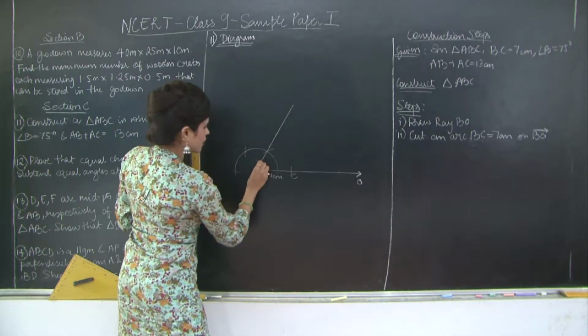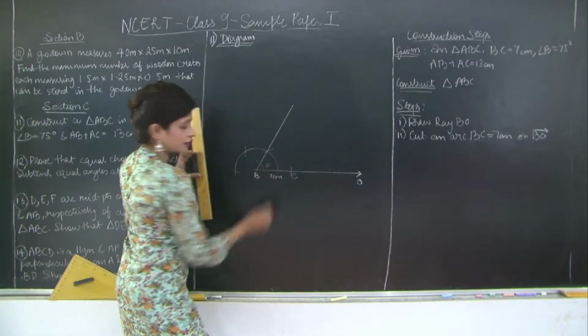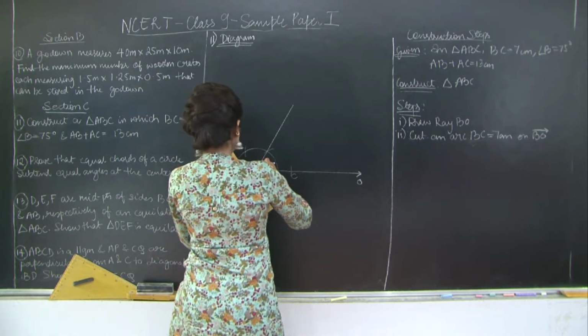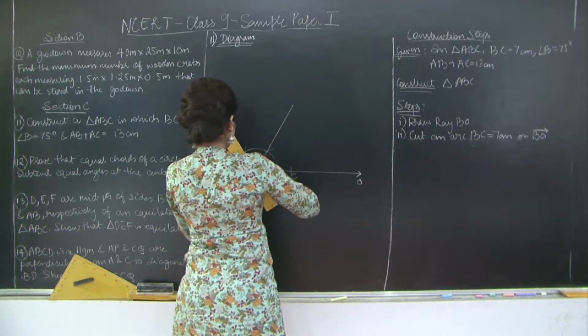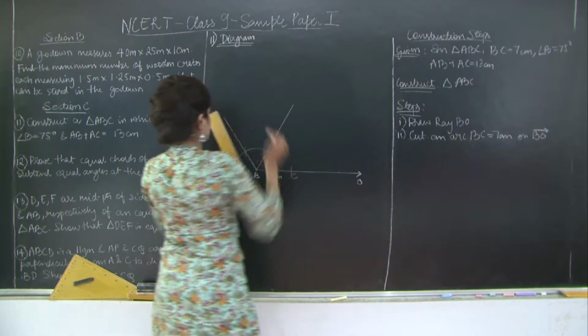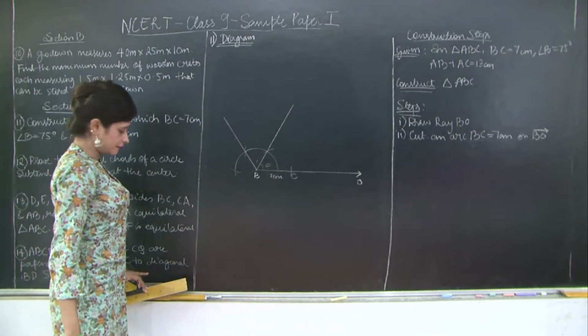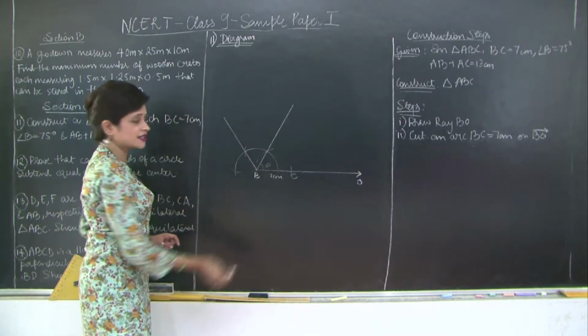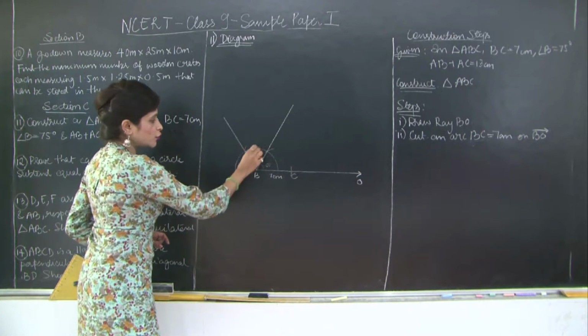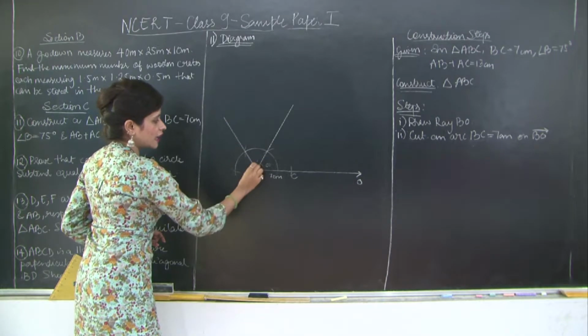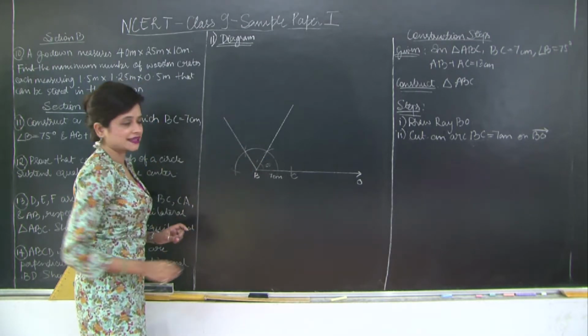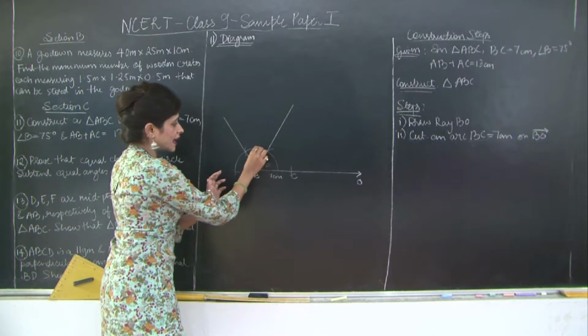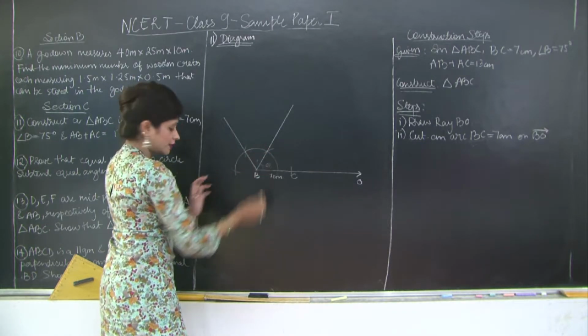So this angle out here is 60 degrees. And I'm going to connect B as well to this point. Now I'm going to bisect this angle out here. When I bisect this angle, I will get 30 degrees out here, right?